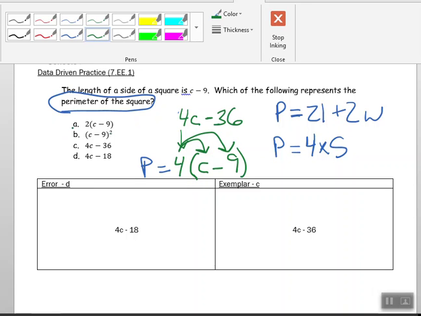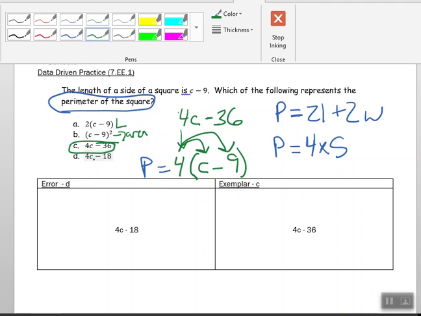Let me go over here. This gives me 2c times 9. This would give me this much of the square. C times 9 squared would be the area. Negative 4c minus 36 is what I came up with. Not negative 4c, 4c minus 36.